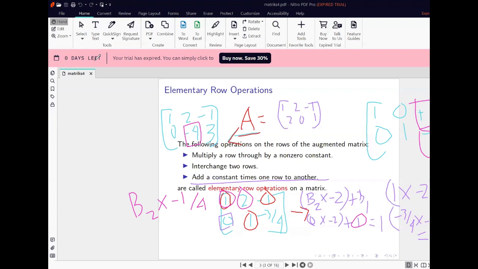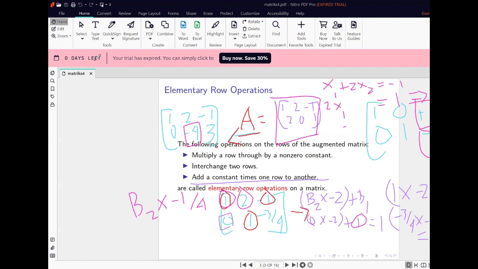I remind you that this augmented matrix started from x1 plus 2x2 is equal to minus 1, and 2x1 is equal to 1. For the second row, you can directly conclude that x1 is equal to a half, 1 divided by 2.